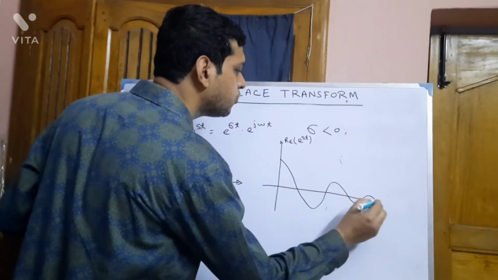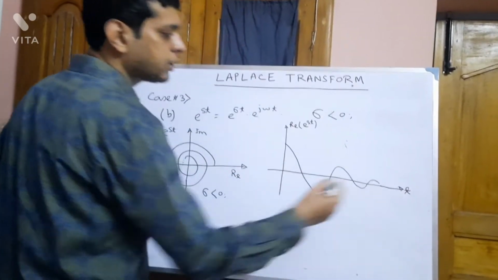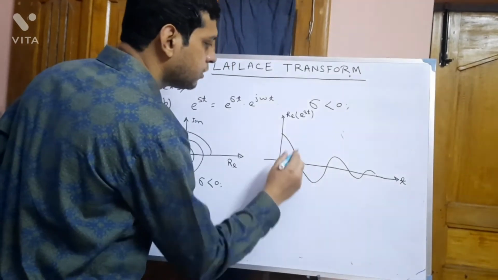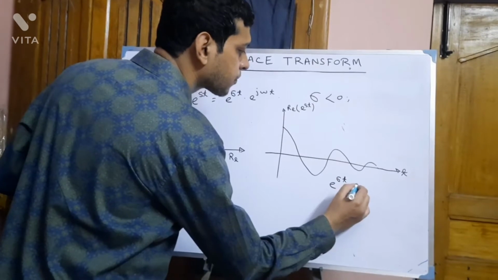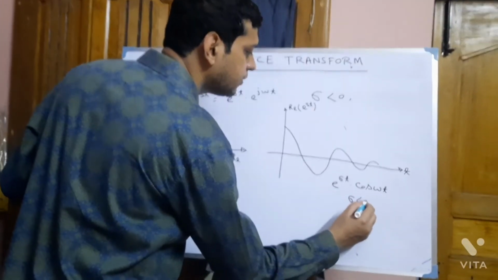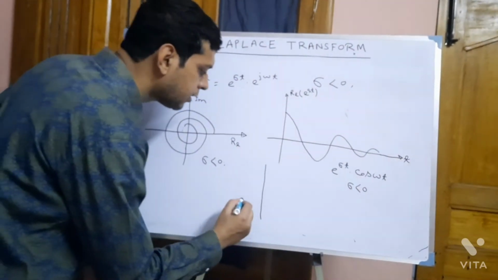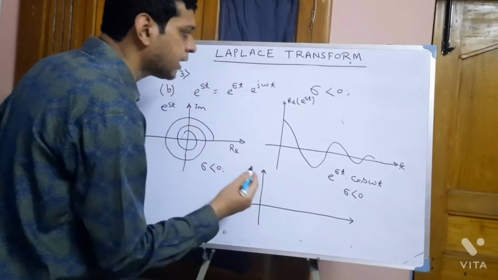The magnitude will decrease with time, and the equation of the real part is e to the power sigma t cos omega t with sigma less than 0. The graph of the imaginary part will be a damped sinusoid.